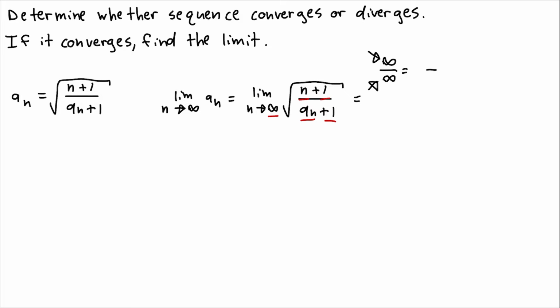And sometimes you'll have infinity times infinity, or infinity to the infinity power, and so forth. So you can always convert it back into this form right here, infinity over infinity. Take the derivative of the numerator and the derivative of the denominator separately, divide them, and find the limit. So let's go ahead and do that.